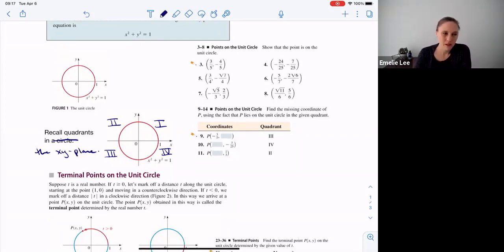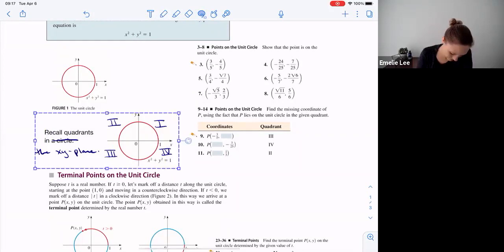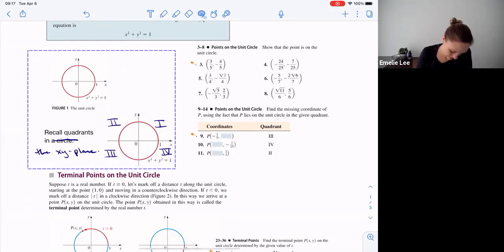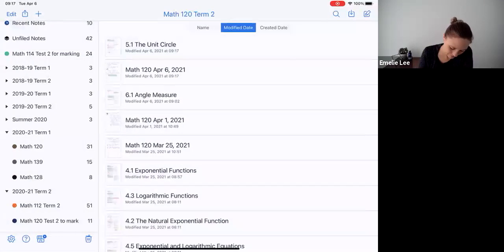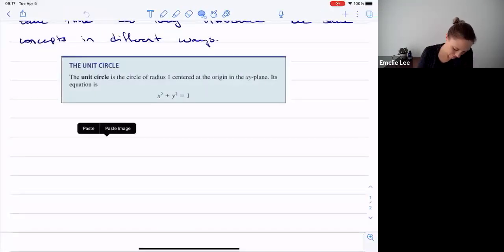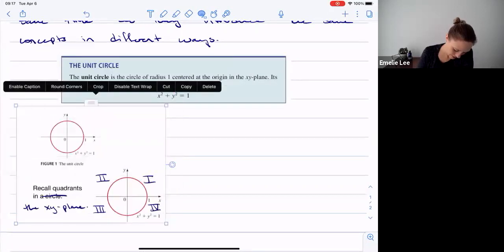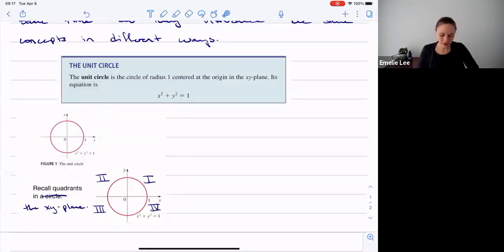Okay. So I'm going to just kind of remake this, or actually, let's bring this all in here. Copy. Okay. So the unit circle is the special circle that's centered here at 0, 0, so the origin, and it's got a radius of 1.